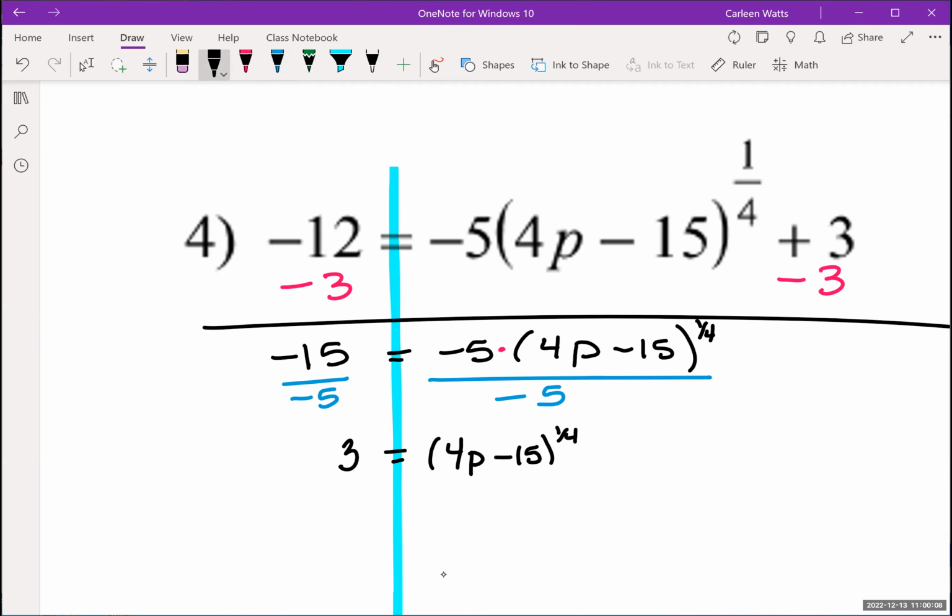Right, 4/1. So I'm going to raise both sides, this is the darker one, can you guys see that?